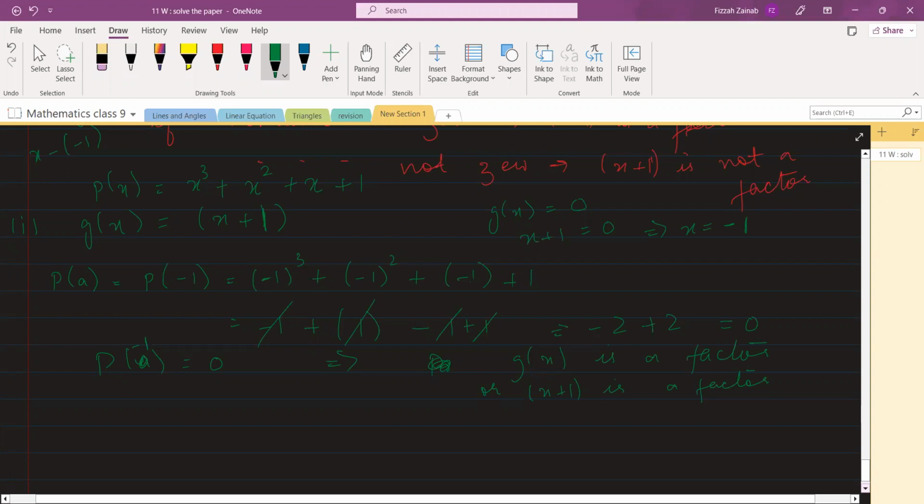Yes, Zeba, second part. Is it a factor or not? Now I'm just solving. Okay, how much is p at minus 1? Tell me, second part.